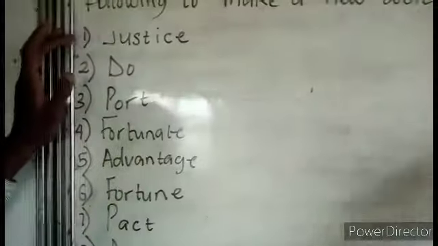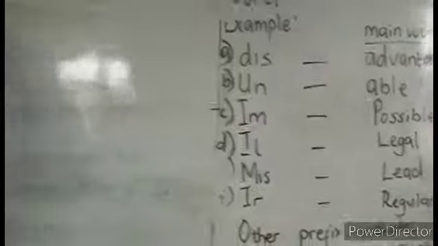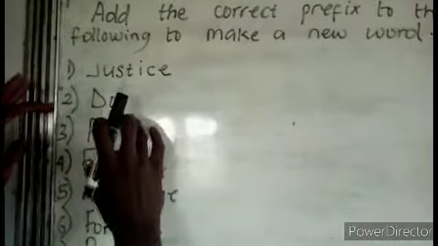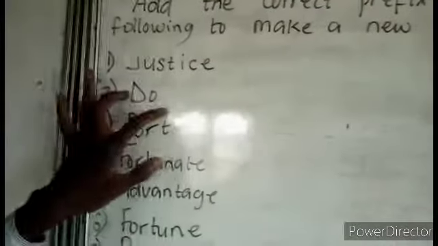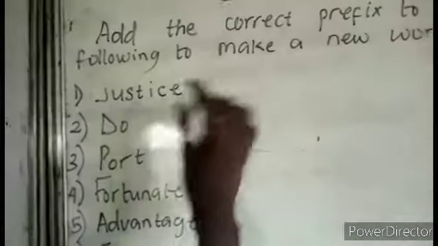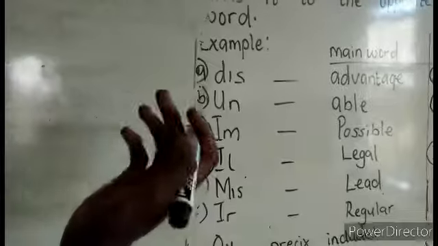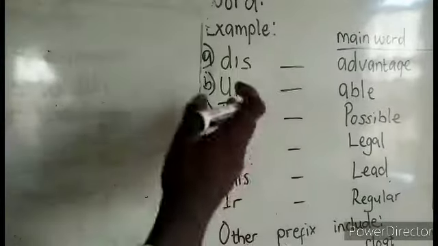Justice. Look out for the prefix that you can add to justice that will make a new word with a new meaning. I'll do the first one, justice. Looking at the prefixes now, we have what? Is there dis-justice? No. Un-justice? No. Im?